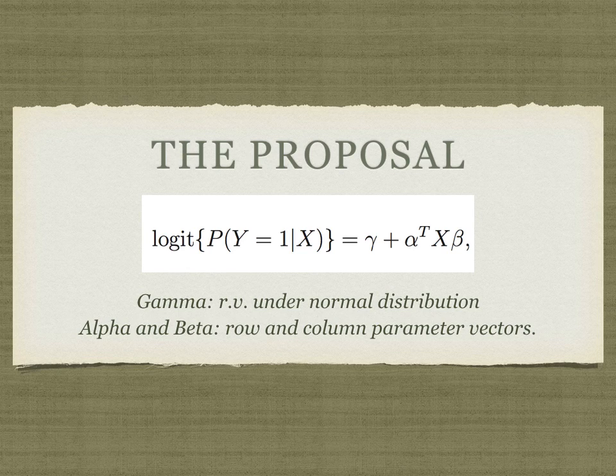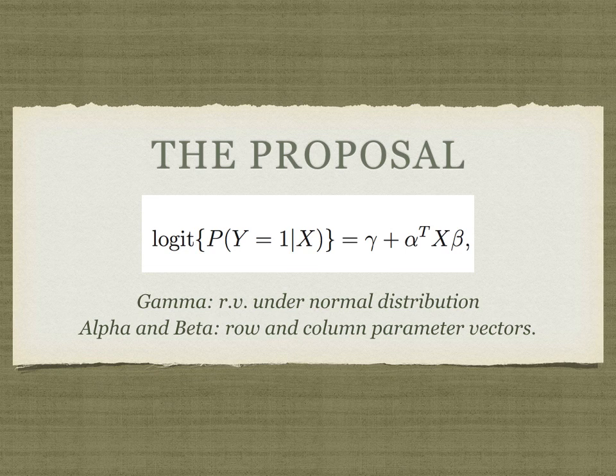Instead, their logistic regression formula is gamma plus alpha transpose times X times beta, where X is the original covariate matrix that we studied on the last slide.